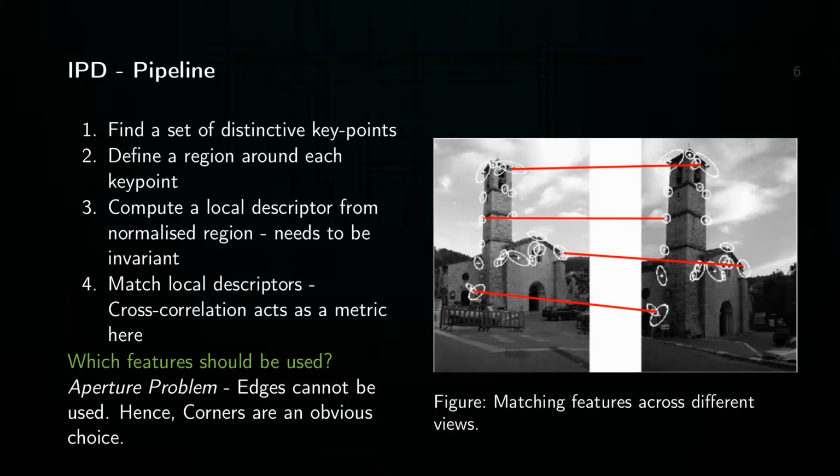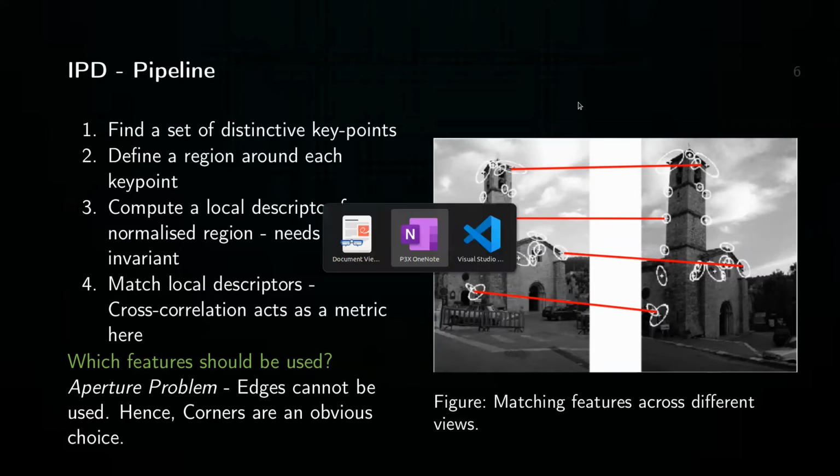So once that is done, we match the local descriptors over different images, and the metric for this matching is cross correlation. The question here is what features should be used. So there is something known as the aperture problem, due to which edges cannot be used and therefore corners become an obvious choice. I'll try to give you some intuition about this problem.